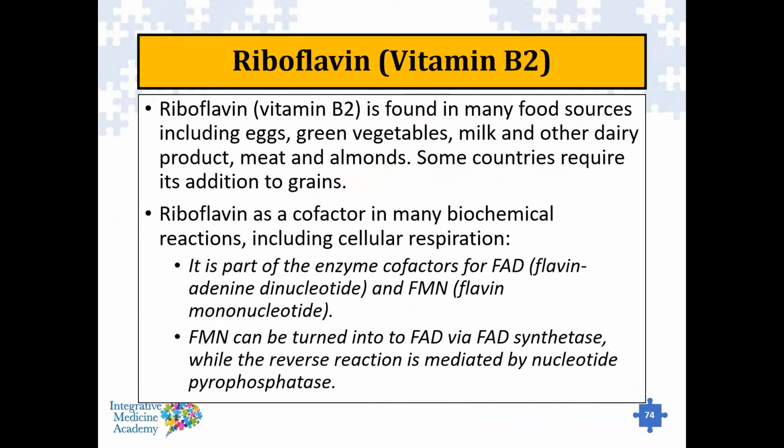And riboflavin acts as a cofactor in many biochemical reactions, including what's called flavin adenine dinucleotide and flavin mononucleotide activation. And these act as cofactors in various enzymes that are involved in fatty acid metabolism, as well as mitochondrial function.